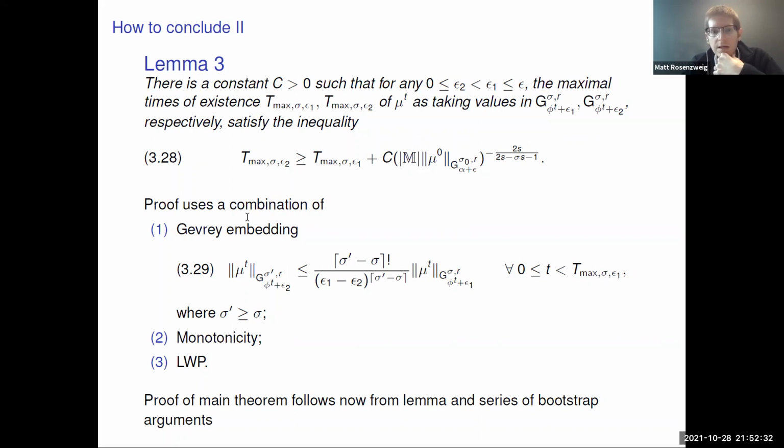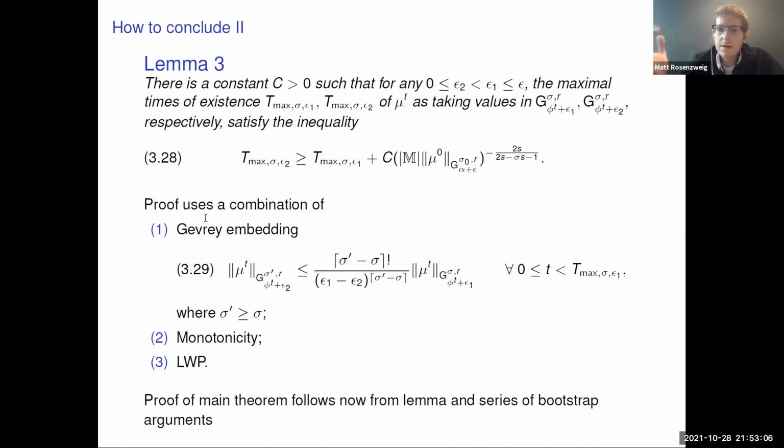One shows this using a combination of this elementary Gevrey embedding that I showed you at the very beginning. This allows me to lose a little bit in the Gevrey index to go up to a high Sobolev index. And being at a high Sobolev index allows me to access the monotonicity result. And then by using an iteration, in particular the local well-posedness proposition, and the fact that it gives us a quantitative lower bound on the lifespan of the solution, we can arrive at this inequality 328.